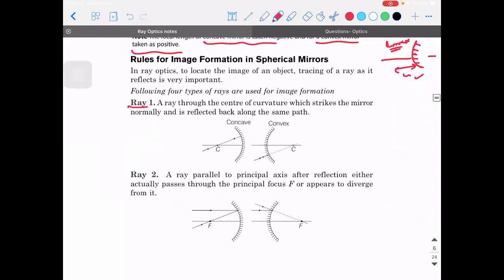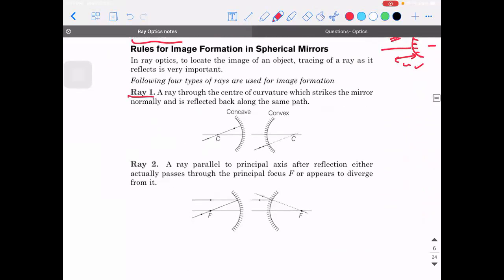So I hope you guys remember how to draw the ray diagrams, right? What are the rules that are to be followed to draw the ray diagrams, guys? What rules will you follow? So ray passing through the center of curvature will reflect back without any deviation. Secondly, a ray parallel to the principal axis will pass through focus.